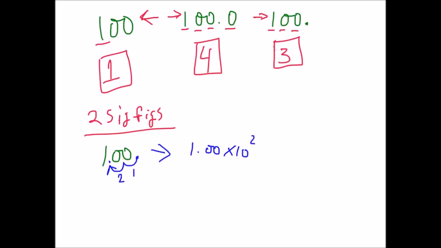Is the number 100 larger than 1 or less than 1? Obviously it's larger, so that's a positive 2. Now this has 3 sig figs. We only want 2 sig figs, so our final answer then becomes 1.0 times 10 to the second. That is the number 100 with just 2 significant digits.